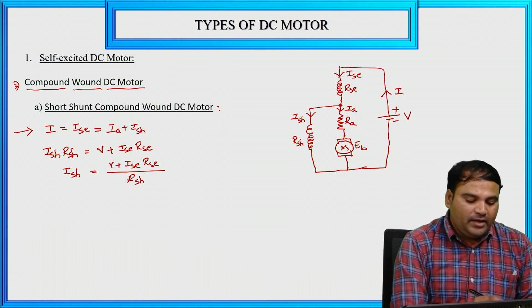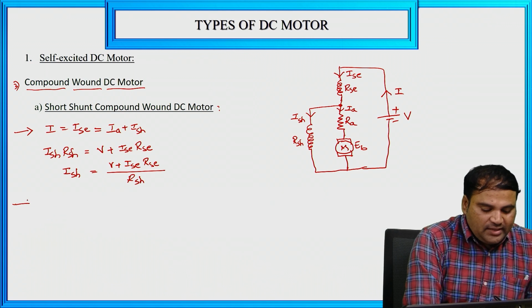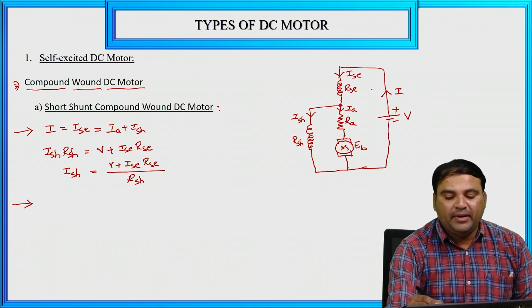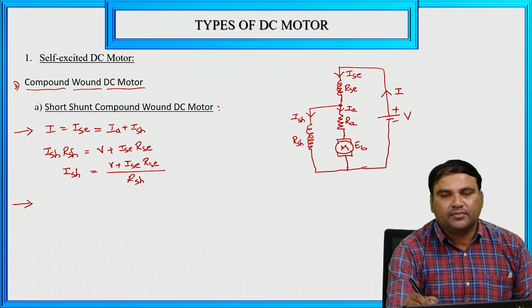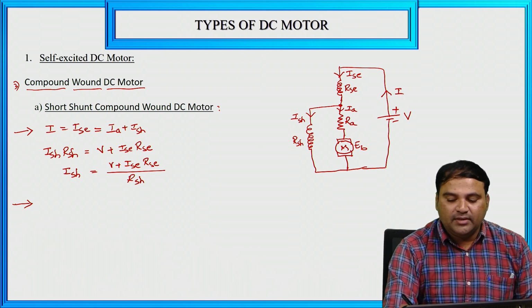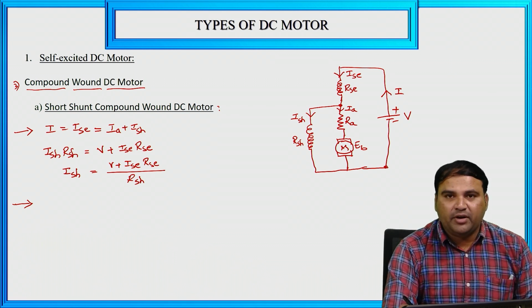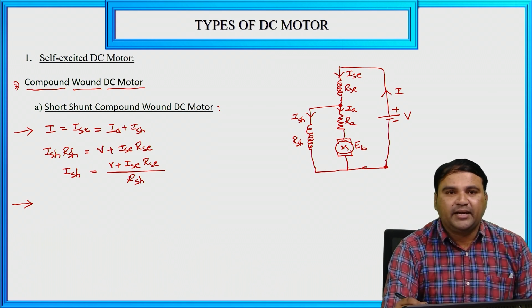Okay. Now we have to write the voltage relation. For the voltage relation, apply KVL in this loop. So for that, I am starting from this point. When I am starting from this point, always we need to take the second polarity.